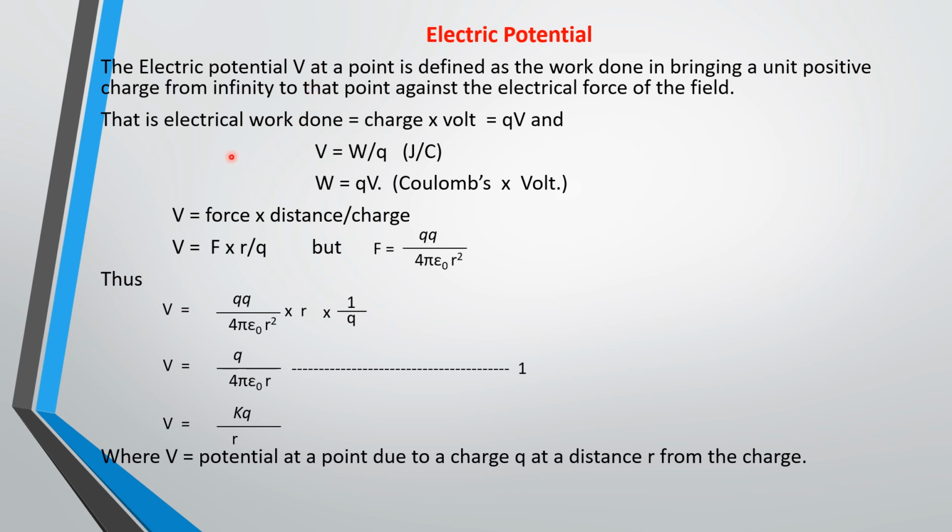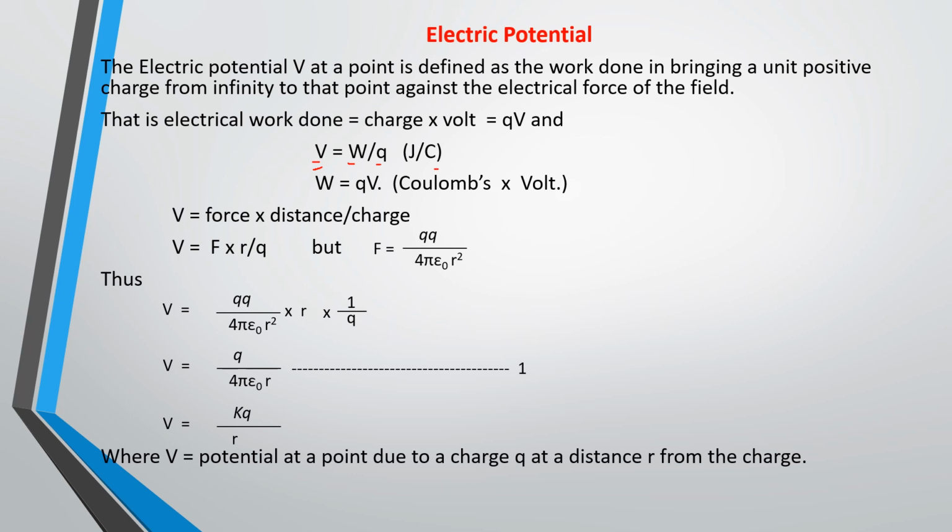Okay, so what that simply means is that work done is equal to charge times voltage, which is equal to Q times V. And V is equal to work done all over charge, and that is Joule per Coulomb.